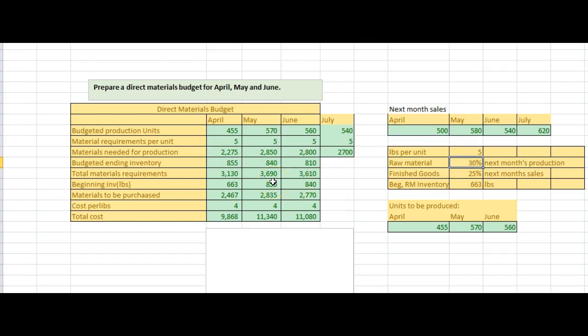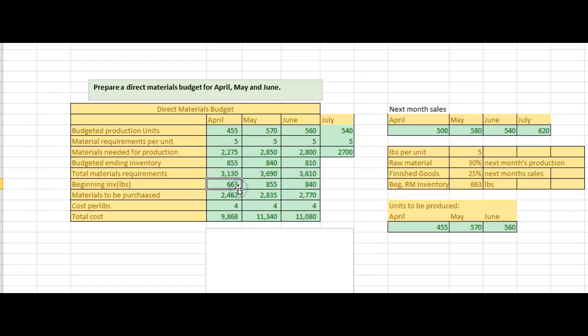So just looking at this, 855 comes from multiplying the 30% times the next month's materials needed. So that comes to 855. This one comes from 30% times the 2800. This one comes from 30% times the 2700. You're always going forward. So these are our total requirements.